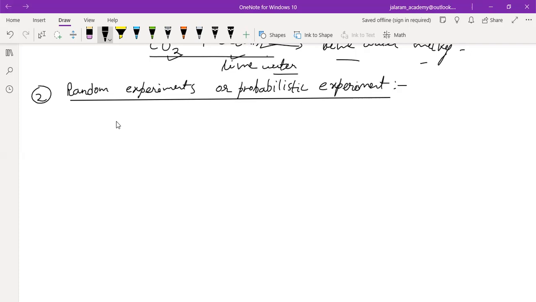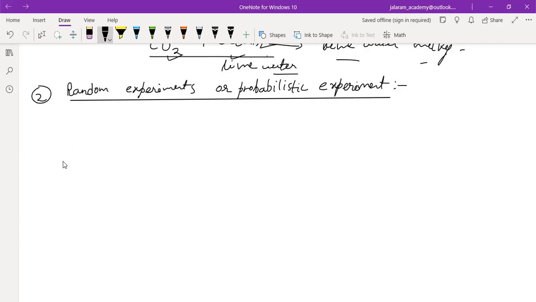This is probability. Understood? It means only one of two or more than two outcomes can occur.